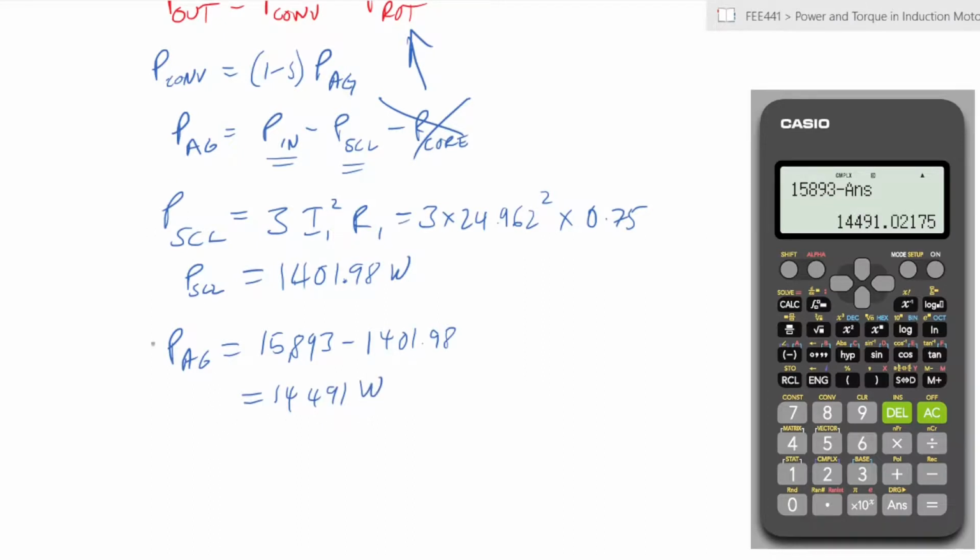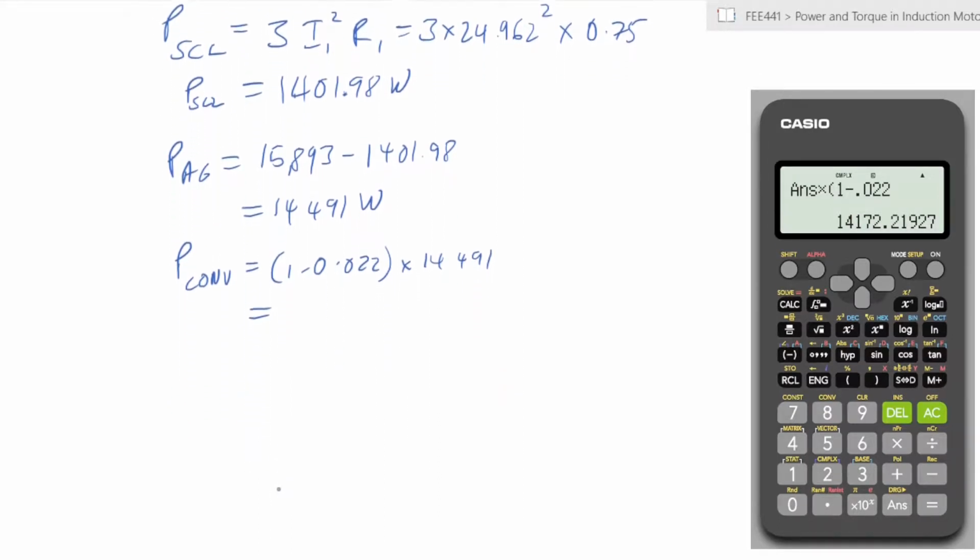Then moving further backwards, converted power is equal to 1 minus S, that was 0.022, times 14,491. So that answer times 1 minus 0.022 gives us 14,172 watts.